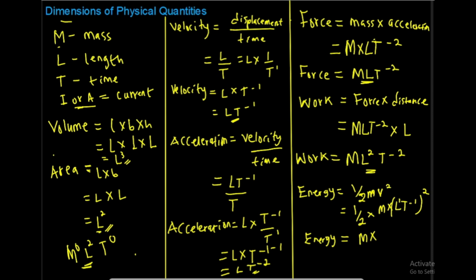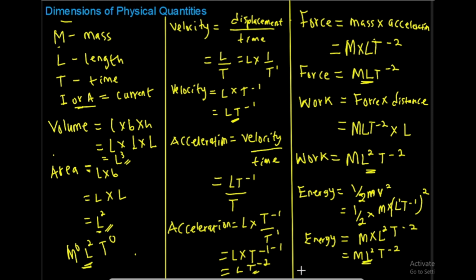The power of L is 1. So we have L raised to power 1 times 2, that will give us 2. So we have L squared. Then we have T raised to power minus 1 times 2, that will give us minus 2. So energy will be equal to M L squared T to the power of minus 2. So this is the dimension for energy.